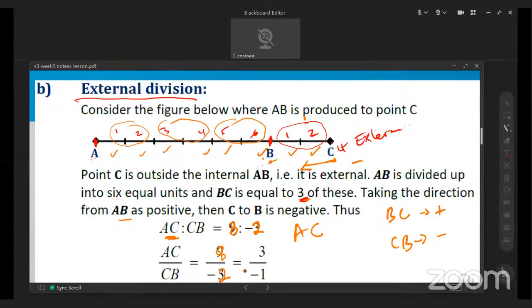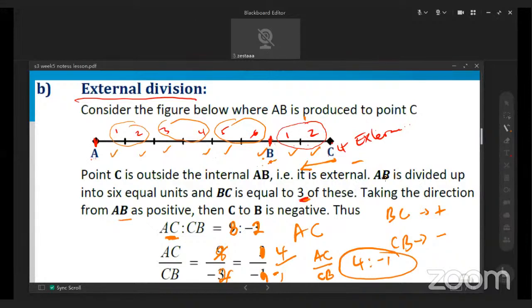When we reduce this down by 2, we have 4 to 1. Remember, this is a negative. So therefore, the ratio of AC to CB will be 4 to minus 1.